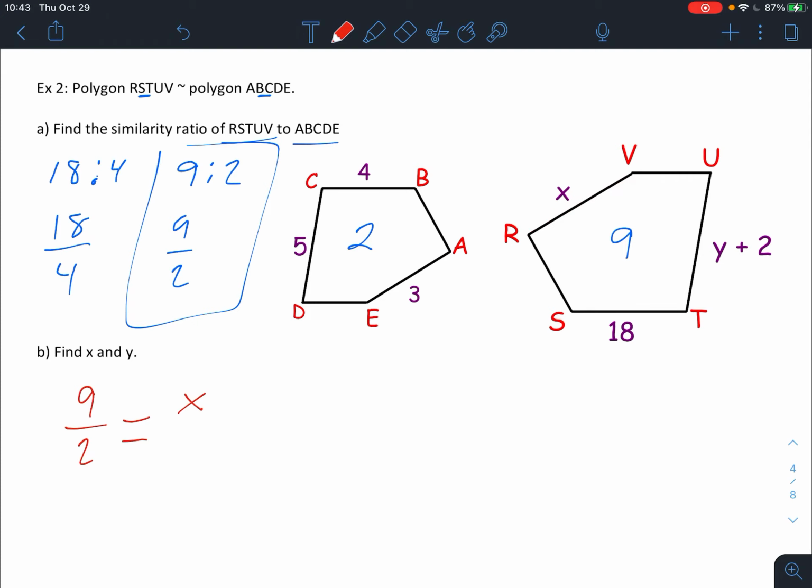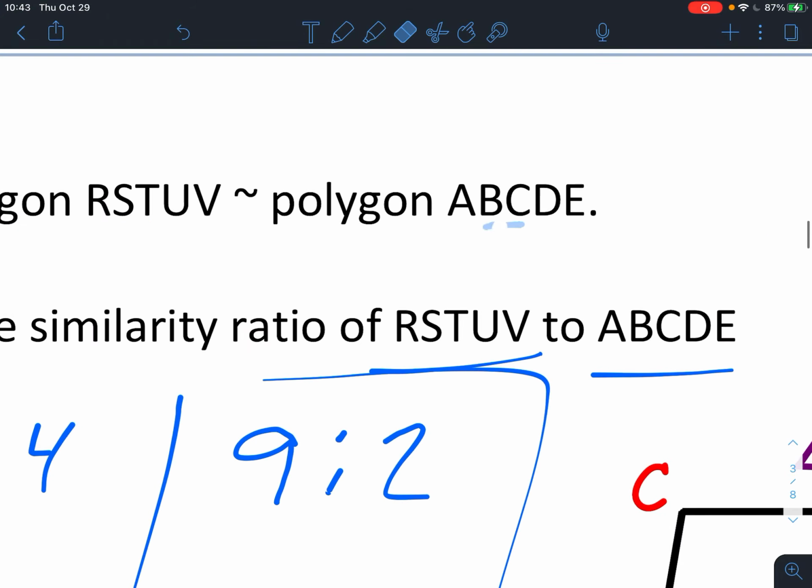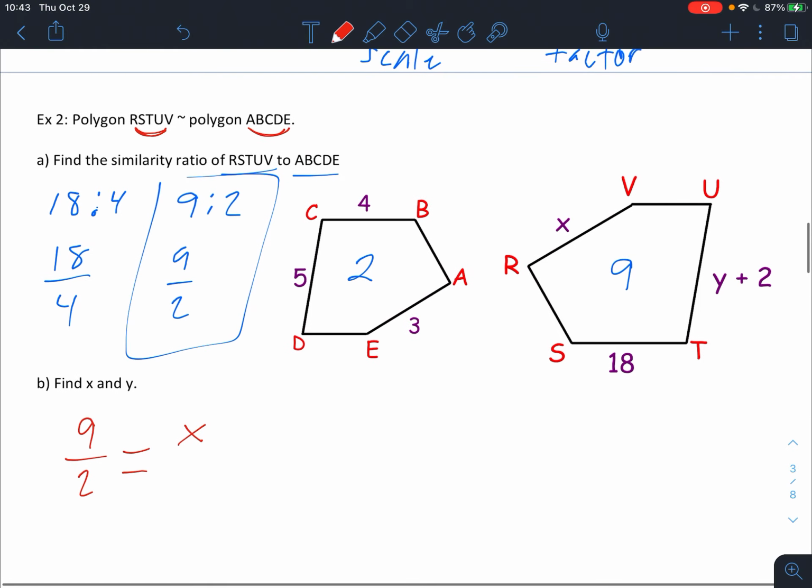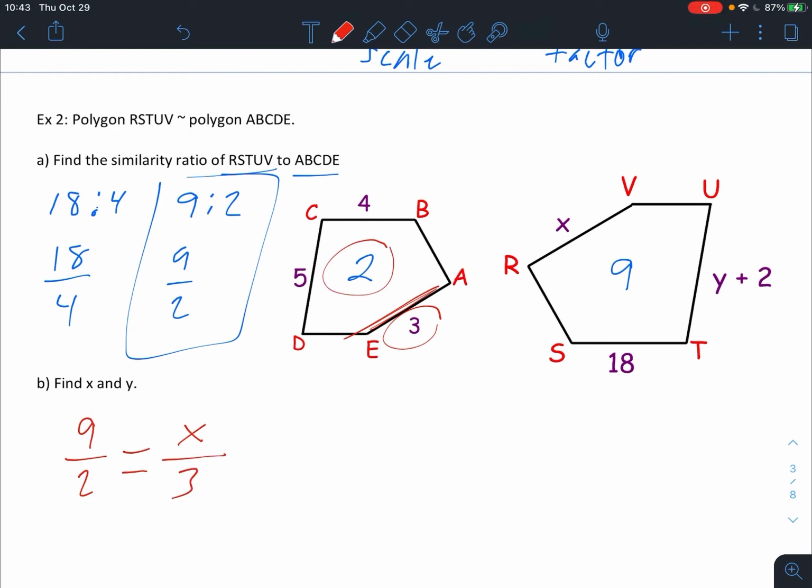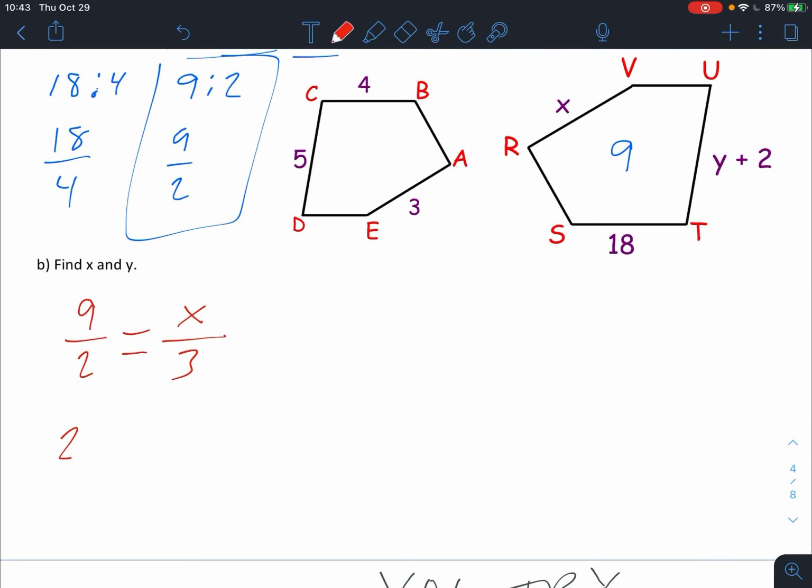X is on VR. VR goes with EA. EA is 3. 3 is in the 2 polygon, so 3 goes where 2 goes on the bottom. That's our proportion. Now we cross multiply.